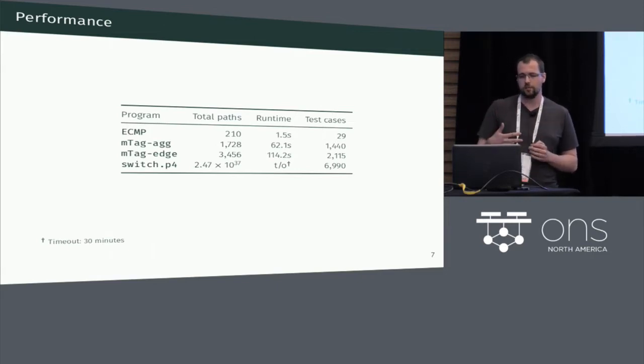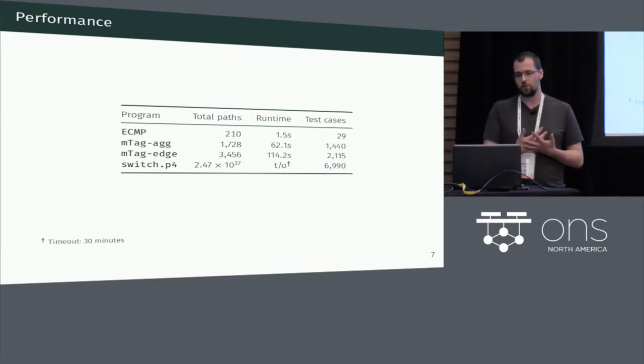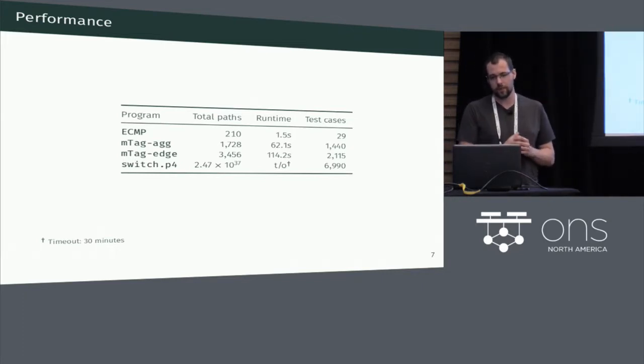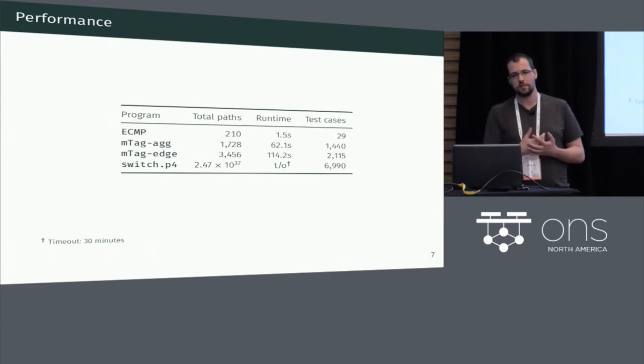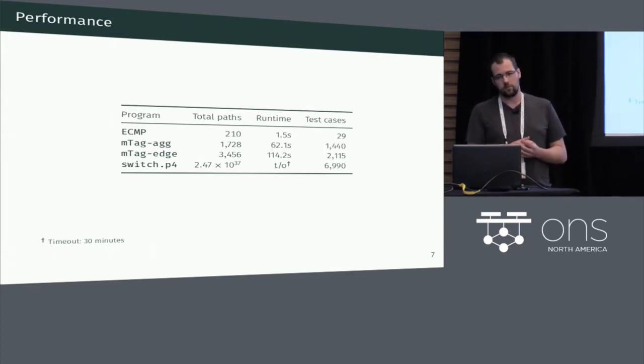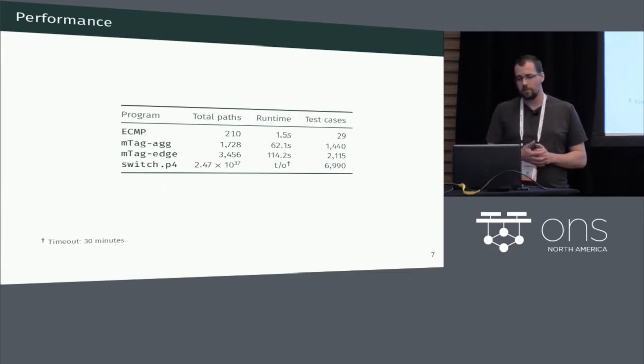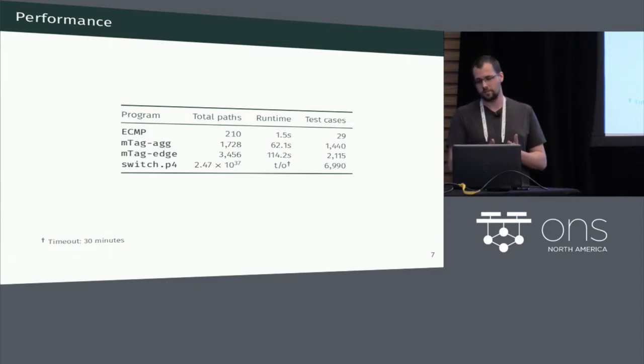In the case of the 3 smaller examples, we were able to generate test cases for all paths through the program in under 2 minutes, so that's fairly quick. In the case of switch.p4, that's not really possible because there are a lot of paths, but we were still able to generate thousands of test cases within the 30 minutes that we run for.